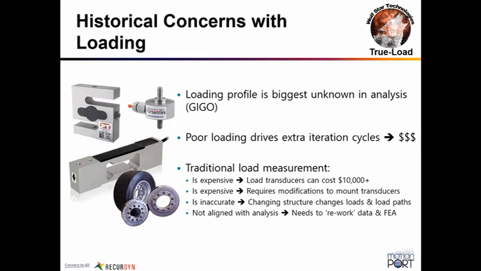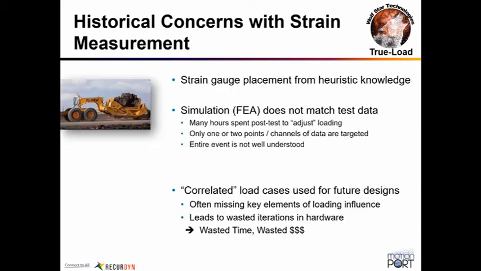So they're bulky, they can be very expensive not only to purchase but to calibrate, and the mounting process can be very difficult. And if the load path in the structure is changed, then your results are not accurate any longer, and so forth. That's why the alternative is to use strain gauges mounted in other locations in the component.